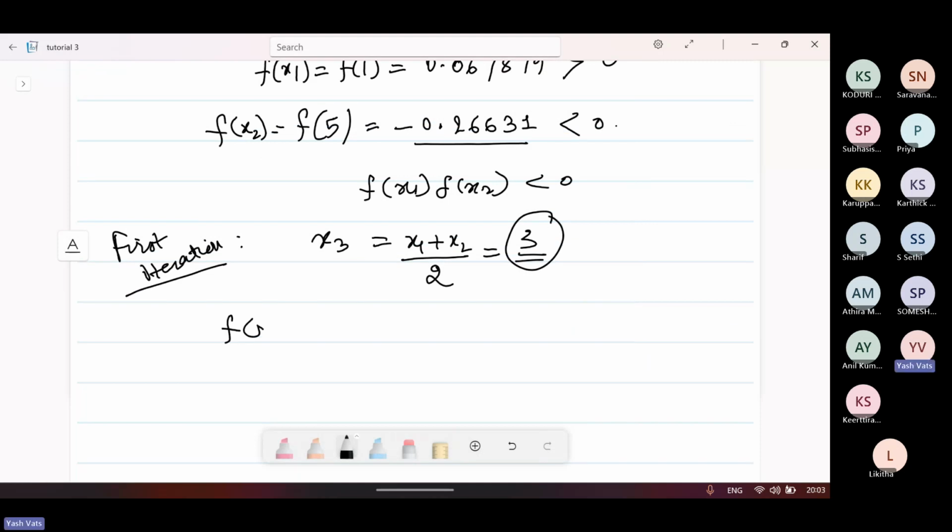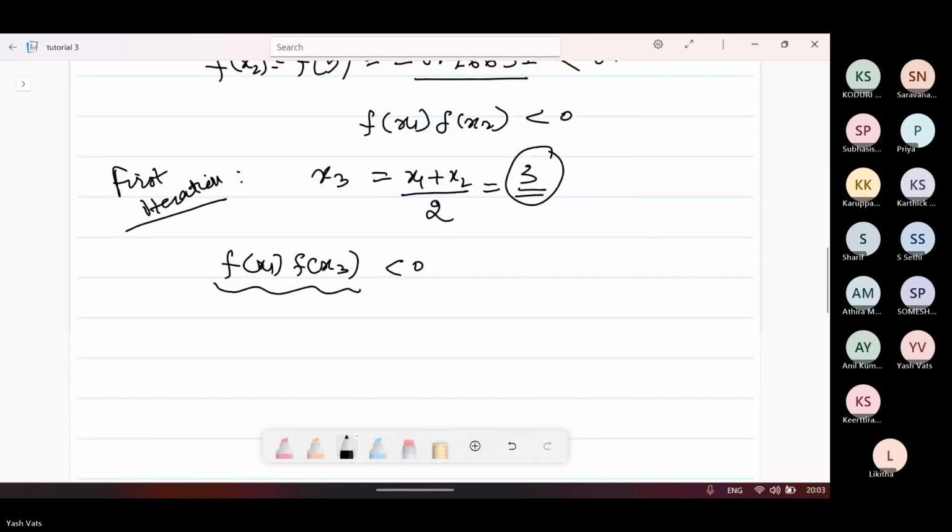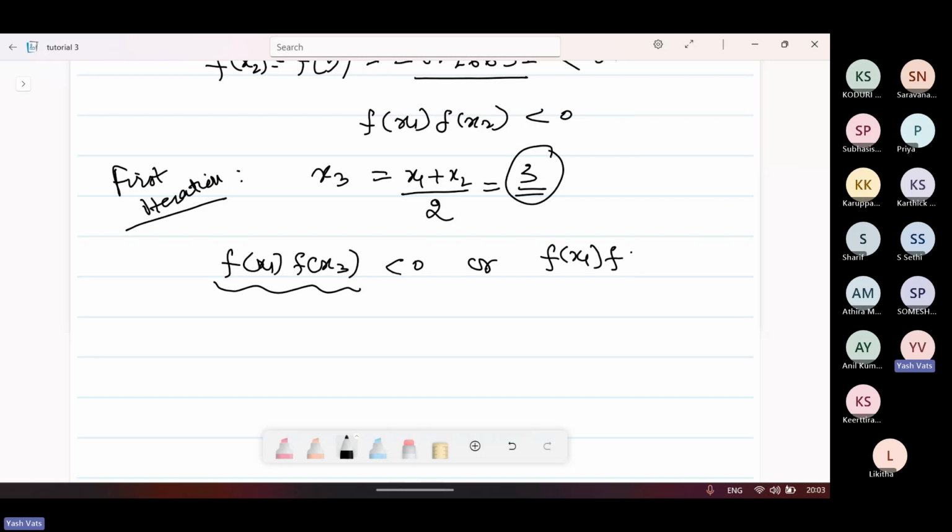So f of x1, f of x3. Just check whether f of x1 into f of x3 is less than 0 or f of x1 into f of x3 is greater than 0.